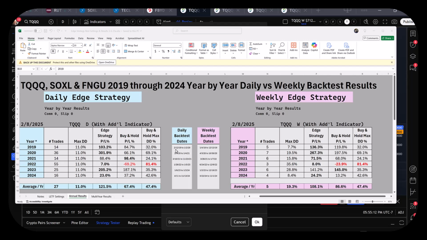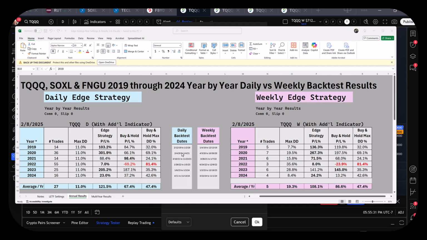Now, the reason I point that out is because you're going to see a little bit different dates on the weekly. The weekly backtest dates go from January 4th of 19 to December 13th of 19.